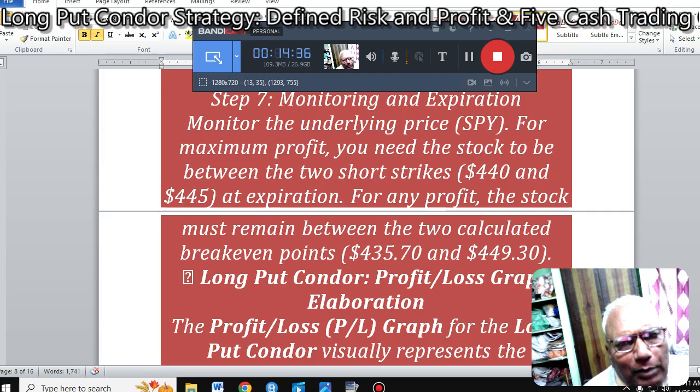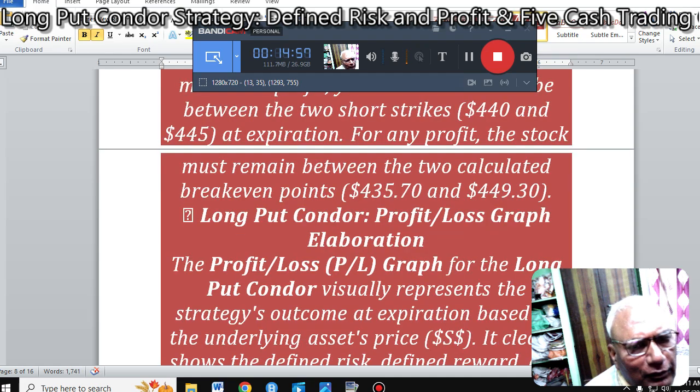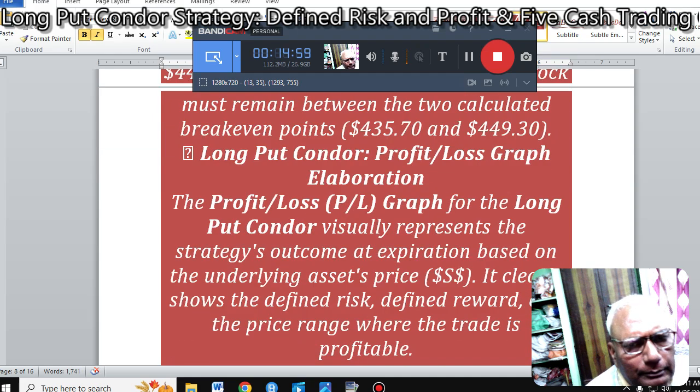For any profit, the stock must remain between the two calculated break-even points, $435.70 and $449.30.